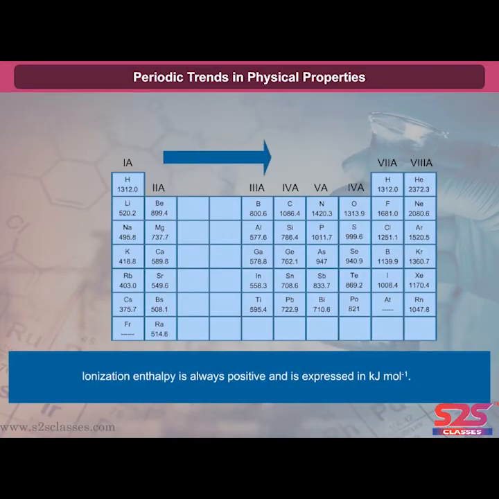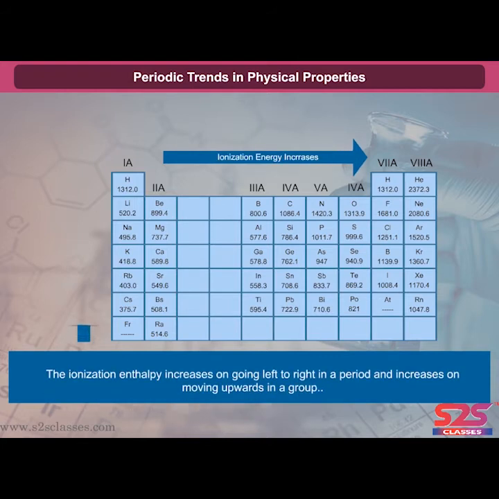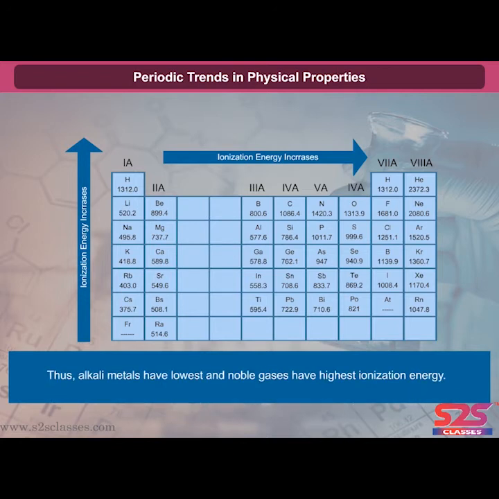Ionization enthalpy is always positive and is expressed in kilojoule per mole. The ionization enthalpy increases on going left to right in a period and increases on moving upwards in a group. Thus, alkali metals have lowest and noble gases have highest ionization energies.